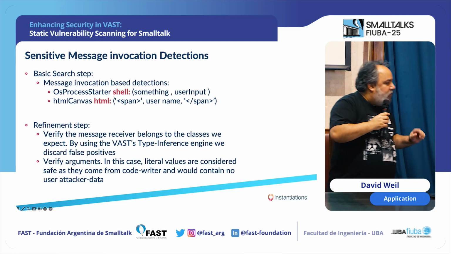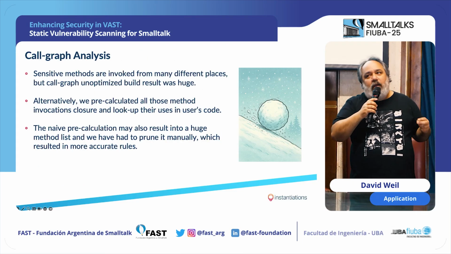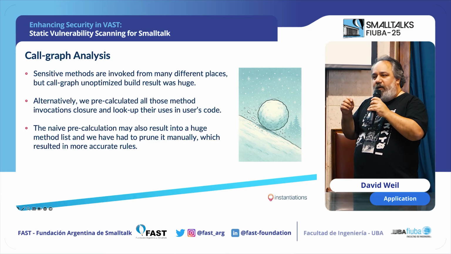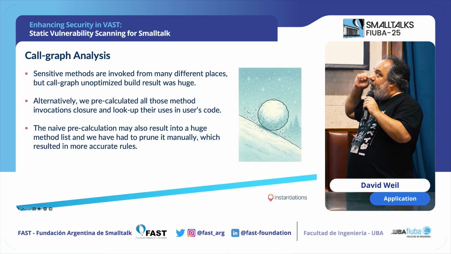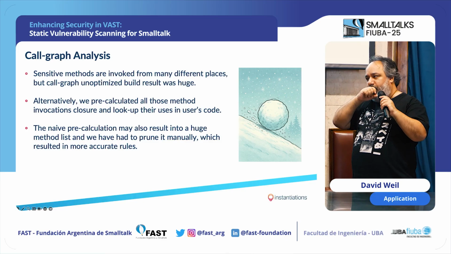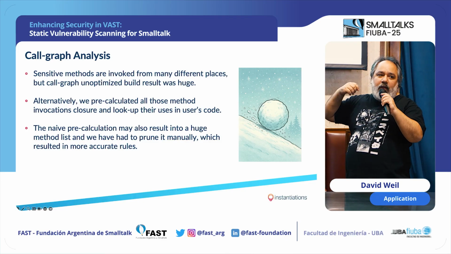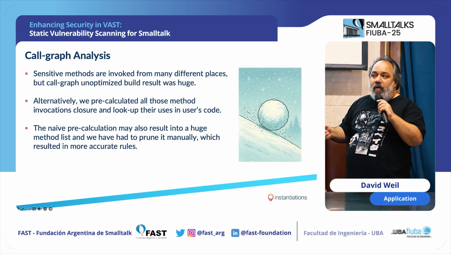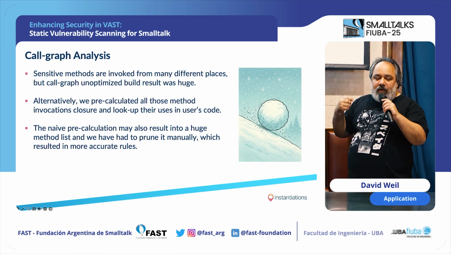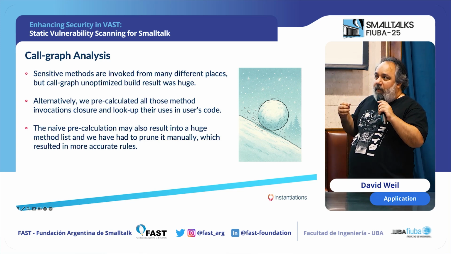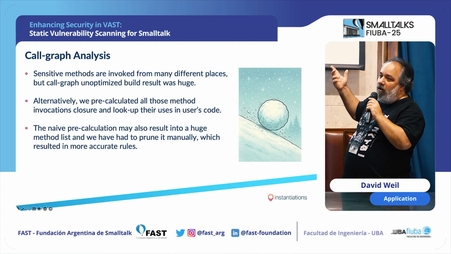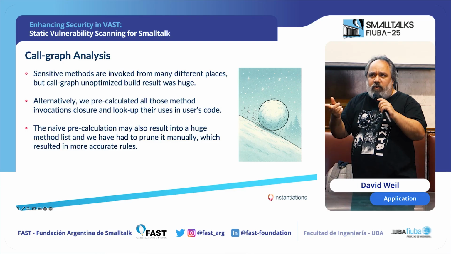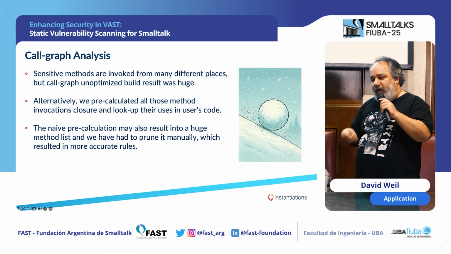Okay, next one. To this point, we were detecting direct invocations of methods that we flag as sensitive, but the static analyzer doesn't handle indirect calls to them. This is resolved by creating what is called a call graph, which is a graph with all the methods, where the methods are nodes and invocations are the edges of the graph.